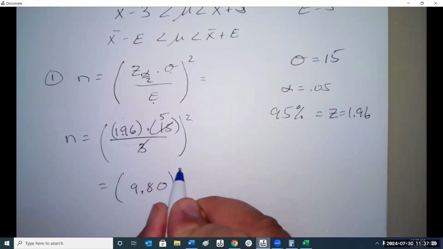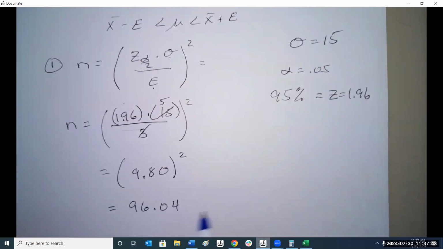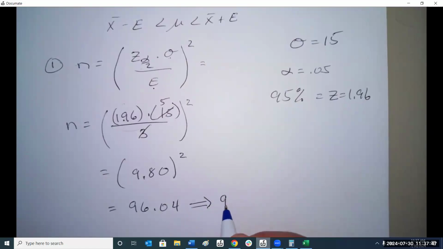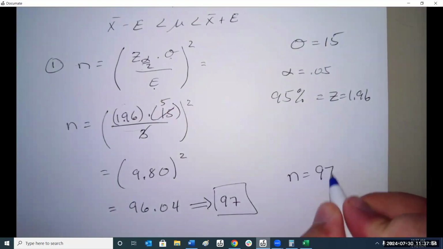So it's 9.8 squared, which is 96.04. So we have to round that up to 97 people. So our n is equal to 97.